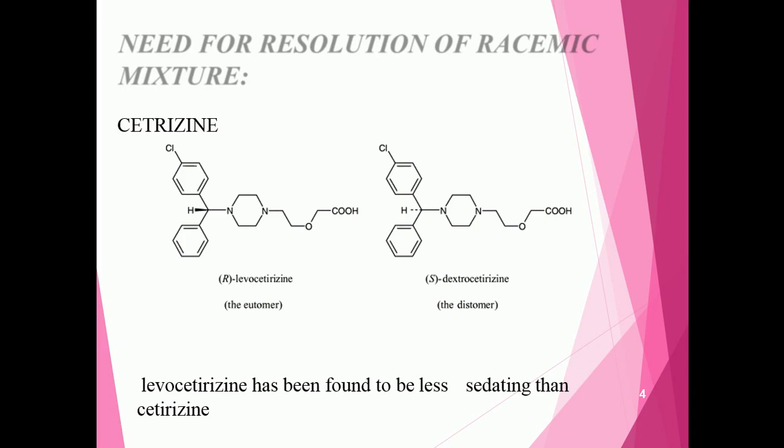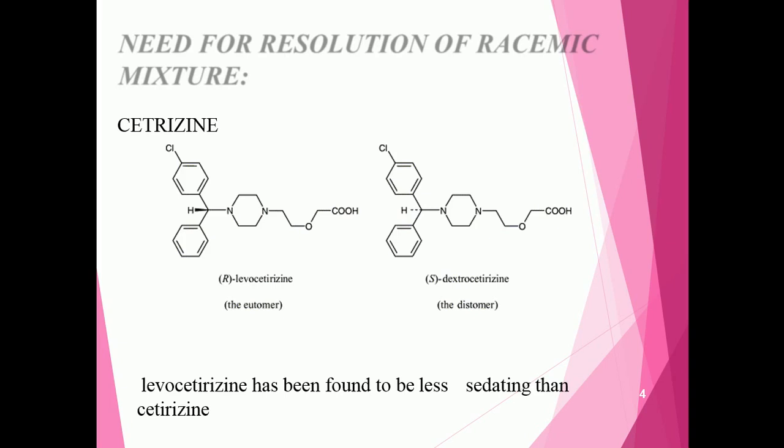Levocetirizine we all know very well. It is an anti-allergic agent, antihistaminic. Fine. So levocetirizine has been found to be less sedating than cetirizine. Sedation is produced in lesser amount as compared to the actual dextroisomer. Fine. So what I mean to say, there are again certain drugs.